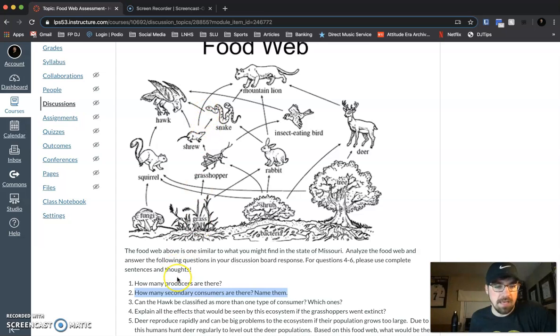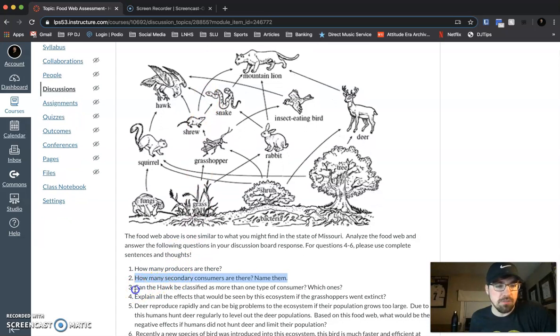Okay, so when we look at question 3, yes, it can be multiple types of consumers technically, if we're being really picky, and that would be a secondary consumer because it's eating the squirrel, right? And then a tertiary consumer as well because it's eating the shrew, the snake, and the insect-eating bird, which are all secondary consumers.